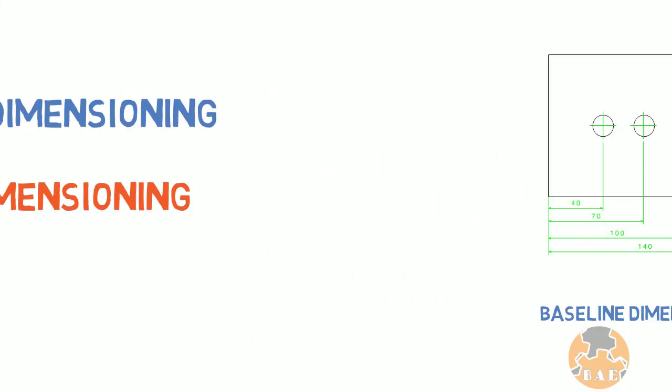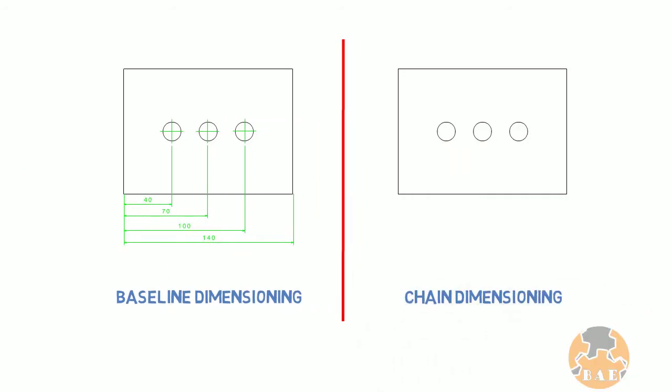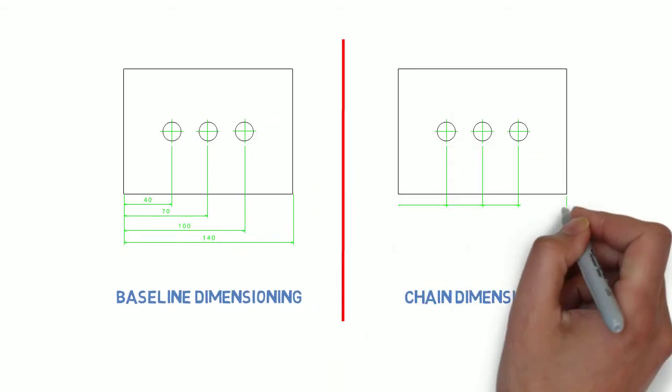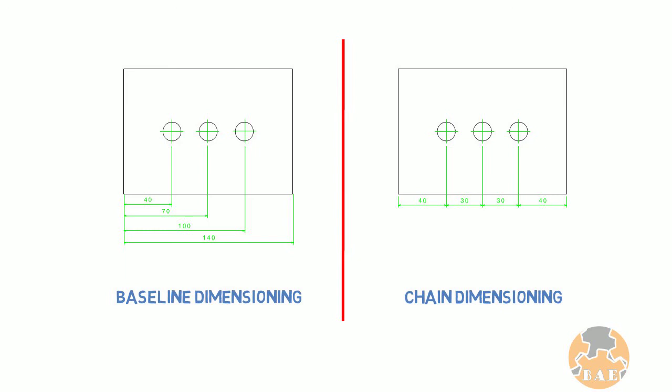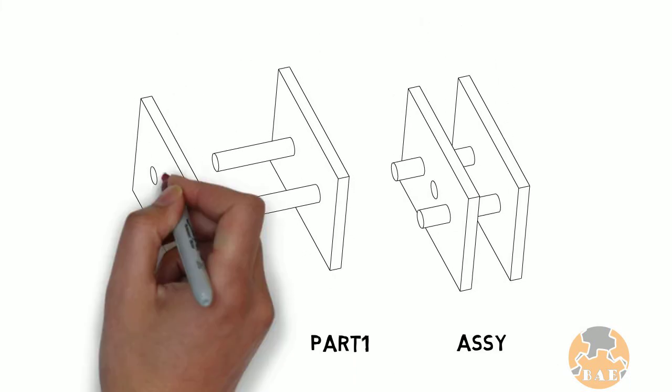In chain dimensioning, we use dimensions like a chain: 40 mm, 30 mm, 30 mm and 40 mm. So you can easily differentiate between both of them. Here we have given all the dimensions from a single baseline, and here we have given all the dimensions in the form of a chain. What happens in assembly?